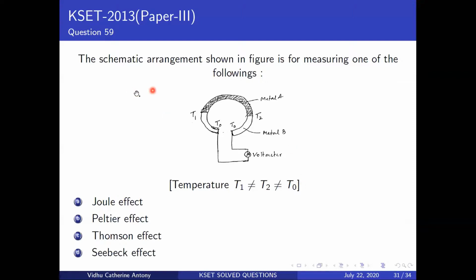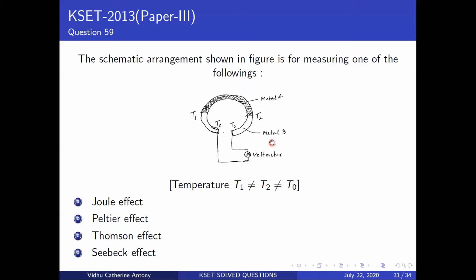So let's look at the schematic arrangement shown in the following figure. They've given you a metal A and a metal B, and they've said T1 and T2 are different, and you have your T0 here. You've connected a voltmeter to it and it's showing a deflection.